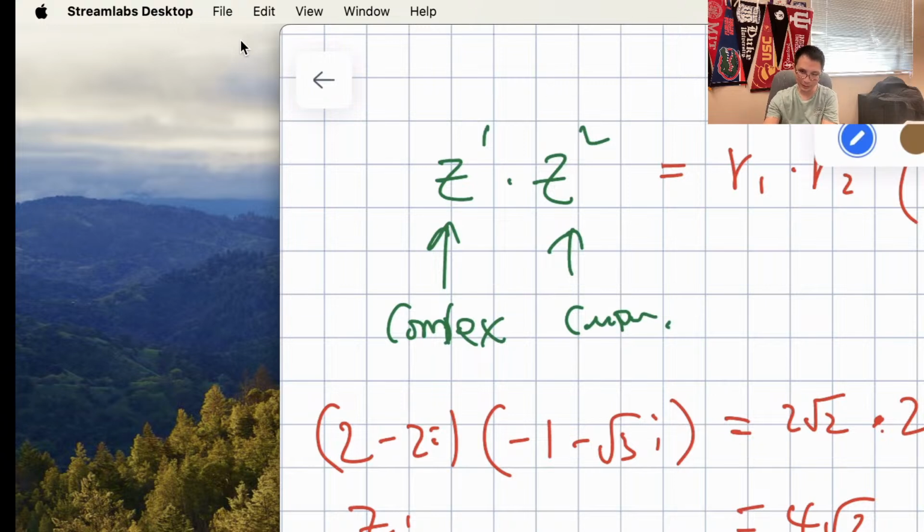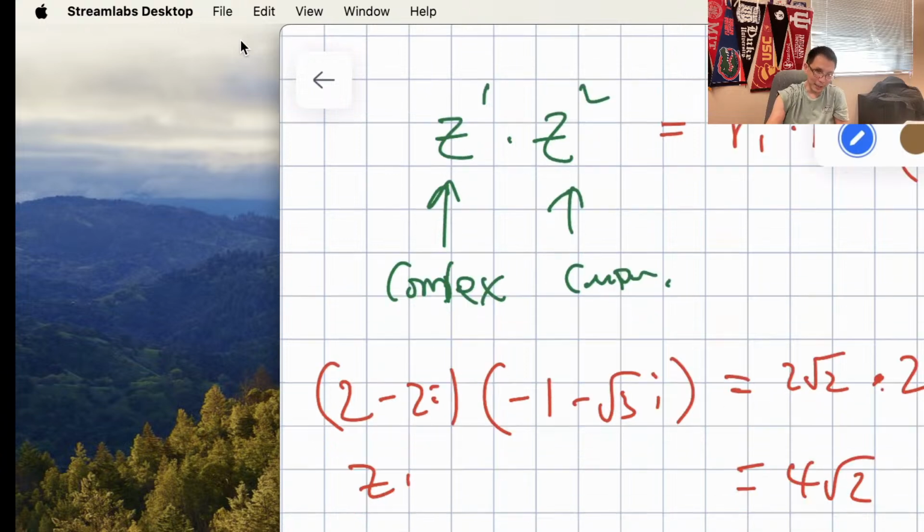One more. 4 square root 2 times negative 0.259. Can somebody come on? What is it? Negative 1.465 i. Is that okay?